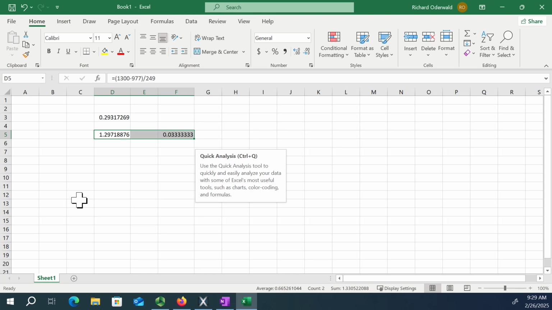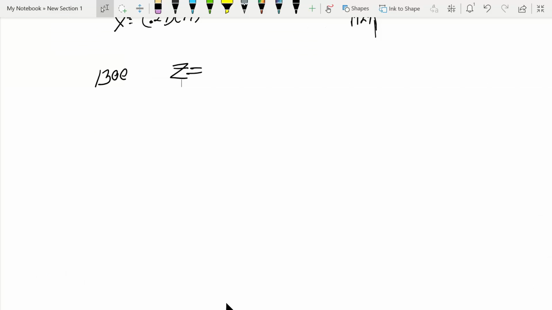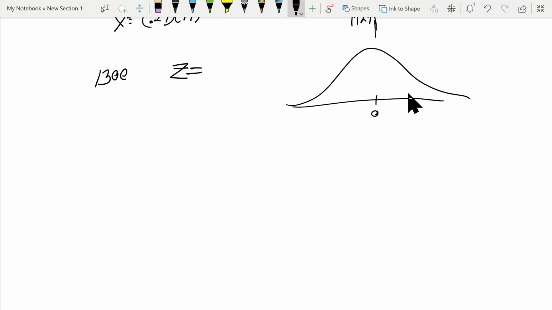What's the percentile? What percent of the normal distribution is less than 1.29? Just guessing at it. Don't need a table or anything. 0, 1, 2, minus 1, minus 2, and I have a 1.29.